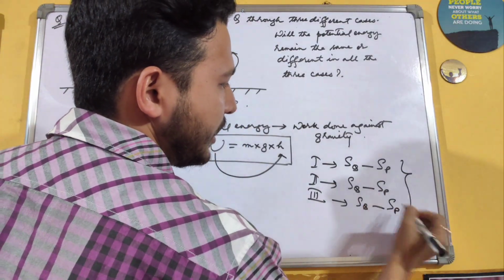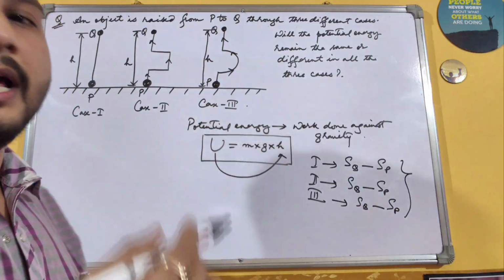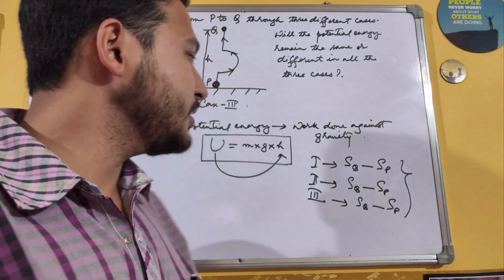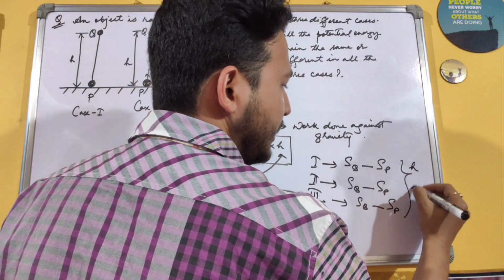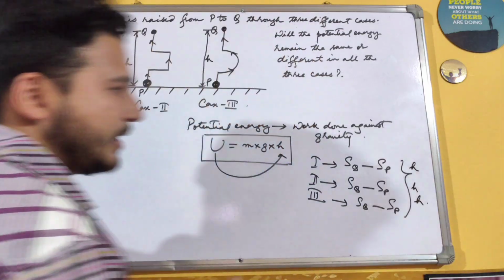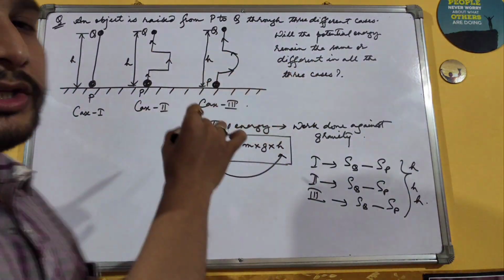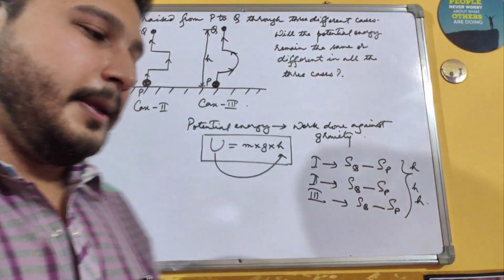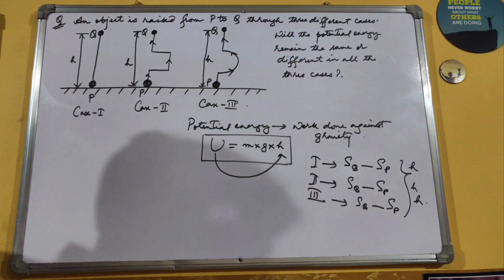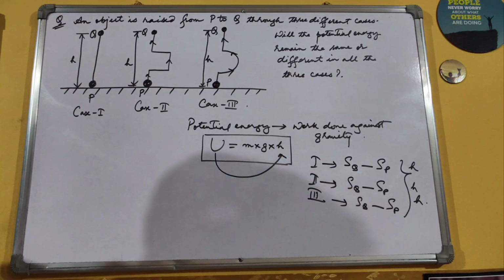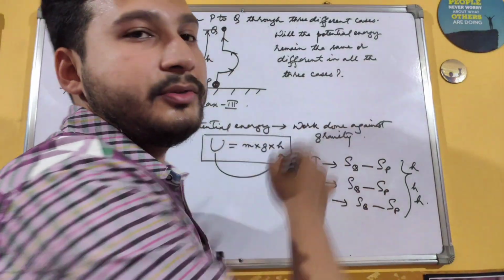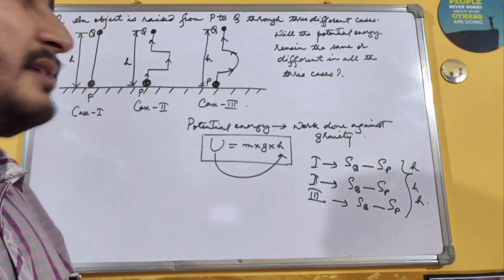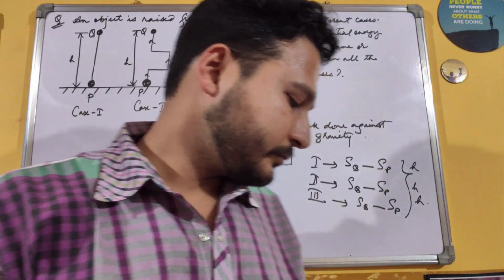So in all the 3 cases, the difference in heights, the difference in positions are the same. So we can say that the potential energy in all the three cases are the same, which is nothing but mgh. So your answer will be the potential energy remains the same in all the three cases. That's nothing but a conceptual question.